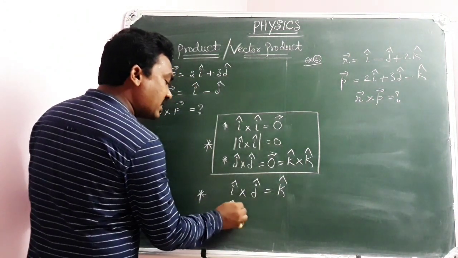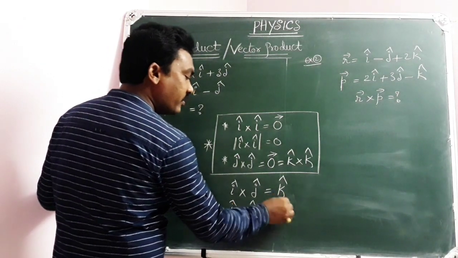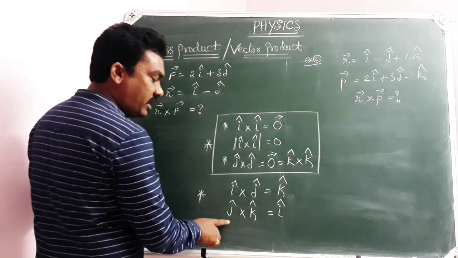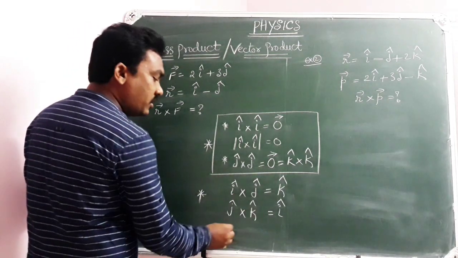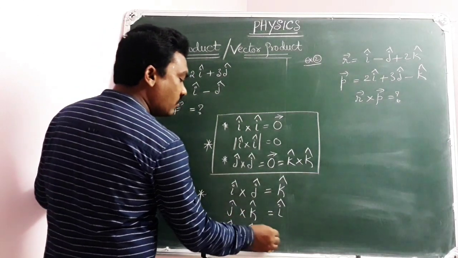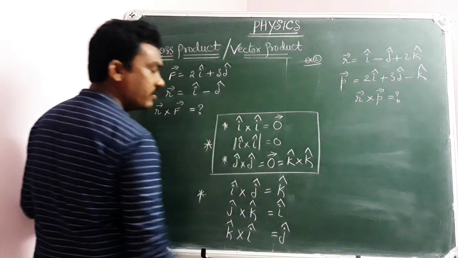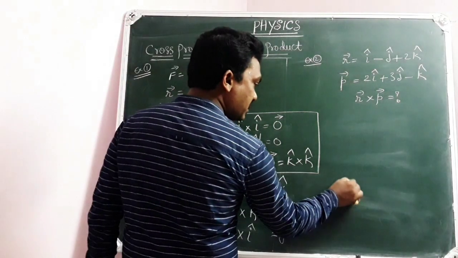J cap cross K cap will give I cap. So the cross product of any two unit vectors along the coordinate axes will be the third unit vector. K cap cross I cap is equal to J cap. Have you seen we followed cyclic order here, which is very important.